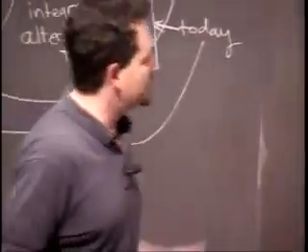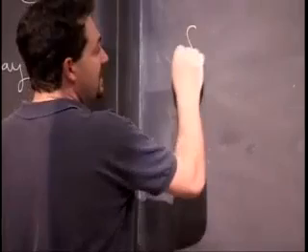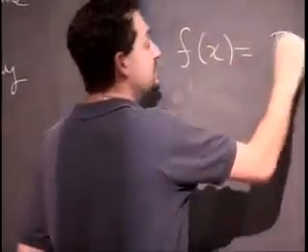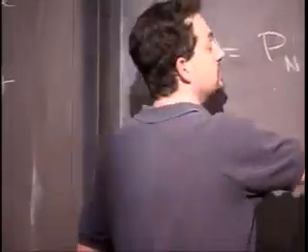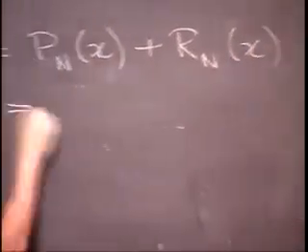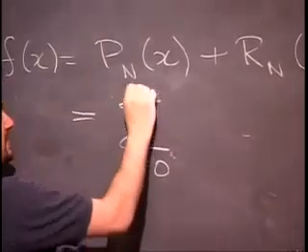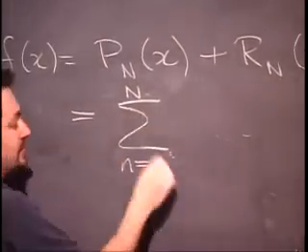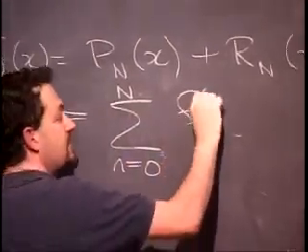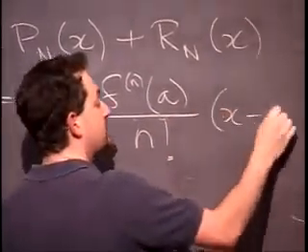Let me write down the complete theorem then. f of x is Pn of x plus Rn of x. Well, that's just by definition. But just to put things in context, we have a formula for Pn, which by definition is the sum from little n equals 0 to big N of the nth derivative at a over n factorial times x minus a to the n.